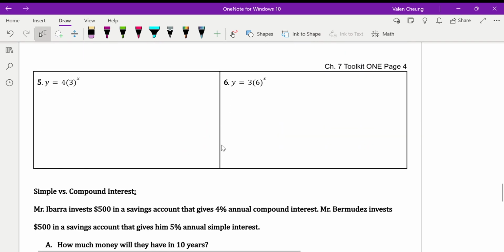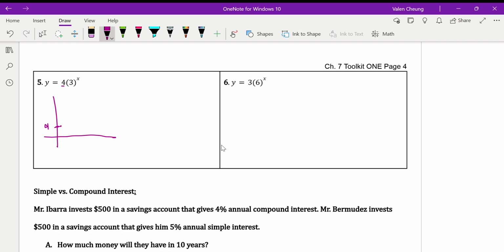Number 5. Okay, you start at a 4, but because the 3 is going to be greater than 1, the graph is going to be increasing. It's going to go up. So let's put a 4 there.